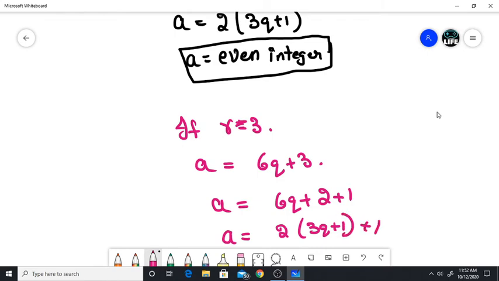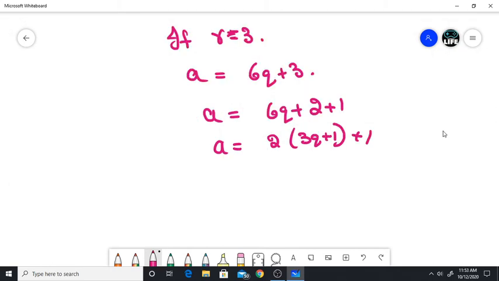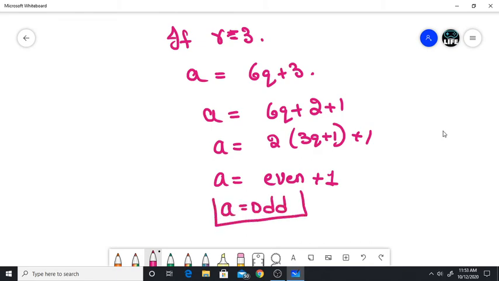Any number multiplied by 2 gives you an even number. So a equals even plus 1, so a equals an odd number.